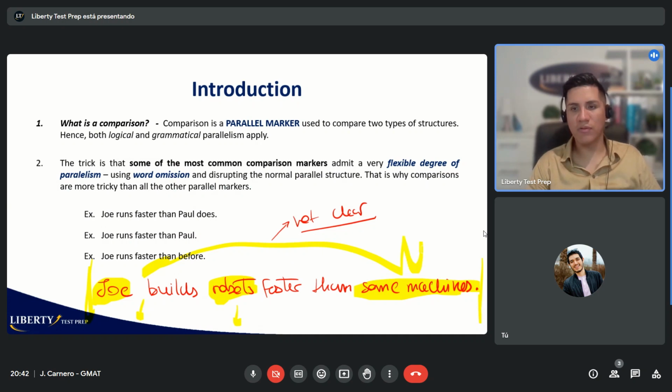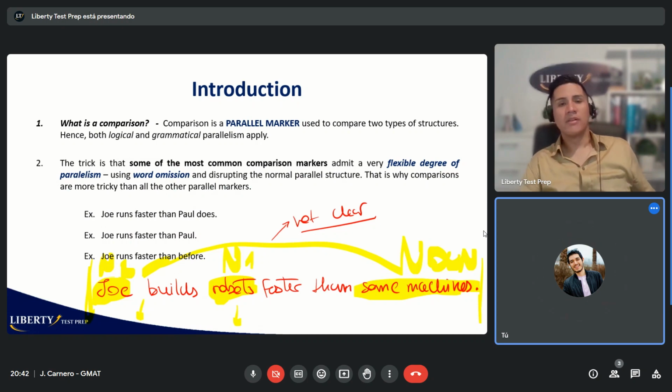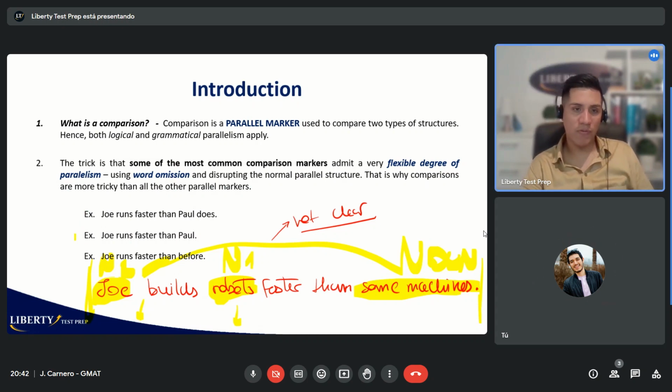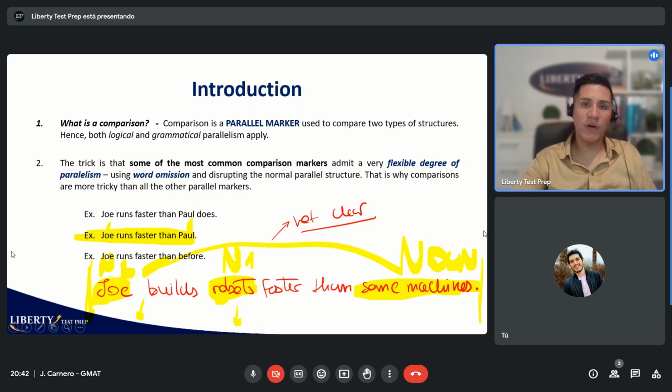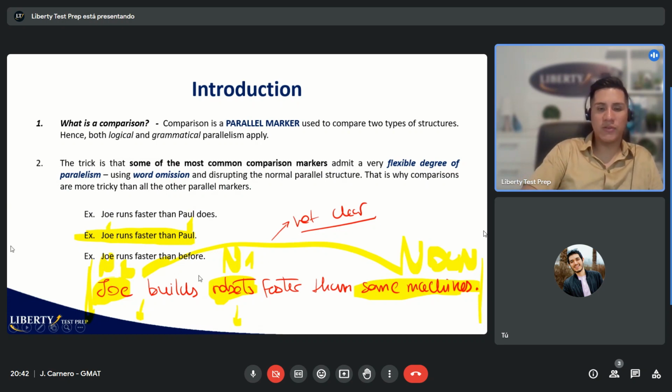Why? Because you have a noun on the right and a noun on the left. The problem is that you happen to have two, so that's ambiguous. This was different from the earlier example, where you only had one noun on each side, Paul and John. That's why it was easy for us to see that the logic was fine. But in cases where you have more nouns, you're going to need the verb.